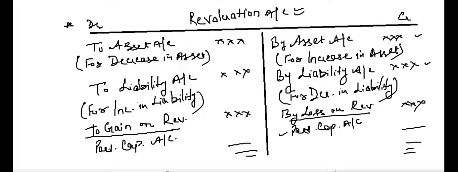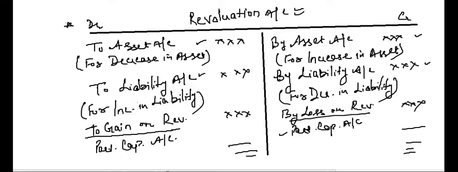What will be the journal entry for increase in asset? Asset account debit to revaluation account. For decrease in liability, liability account debit to revaluation account. For decrease in asset, revaluation account debit to asset account.